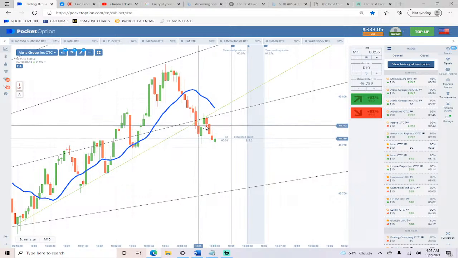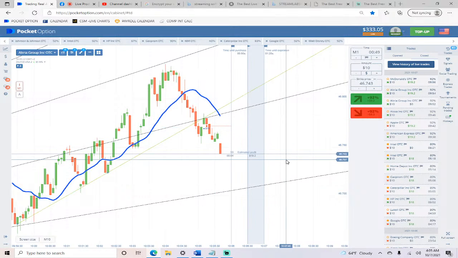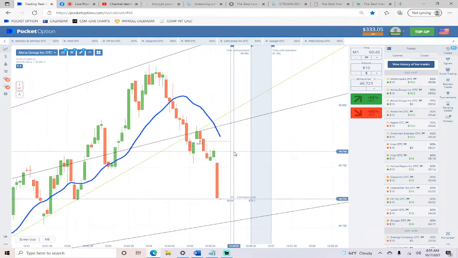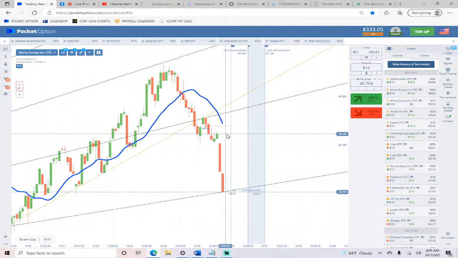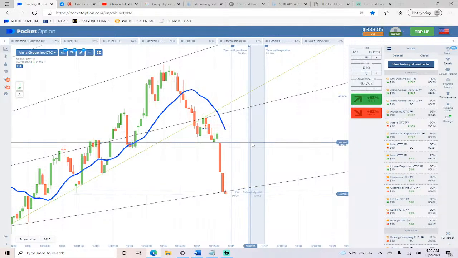I got in right at the close of where this candle broke 20 seconds later. Look at that, we just applied our same strategy. Did we snipe that or what?